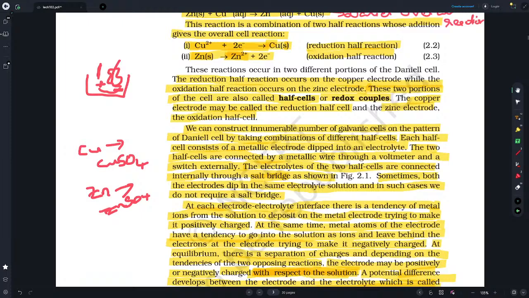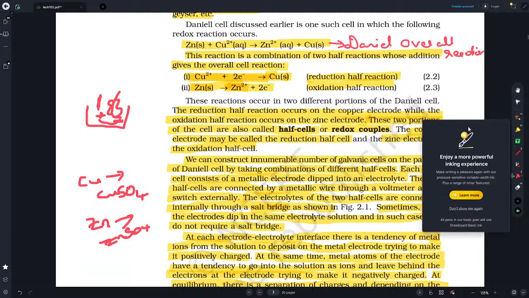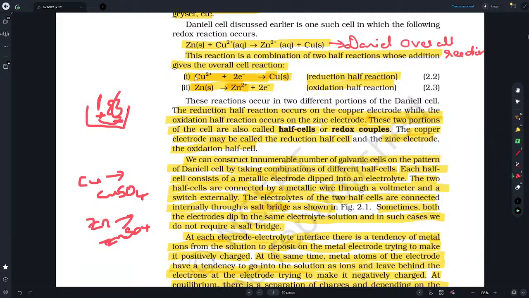In the half reactions, copper 2 plus is getting reduced by taking 2 electrons and forming copper, which is called the reduction half reaction. And here zinc getting oxidized by giving 2 electrons is the oxidation half reaction.